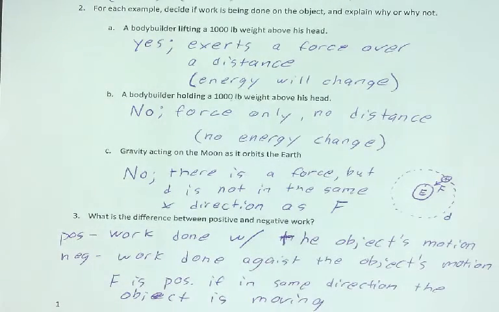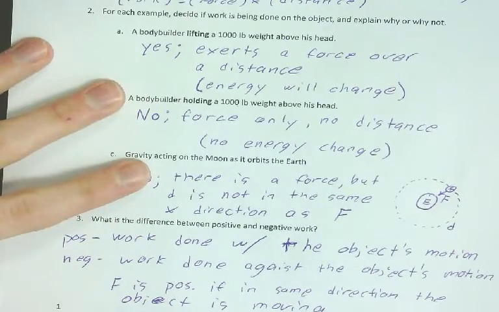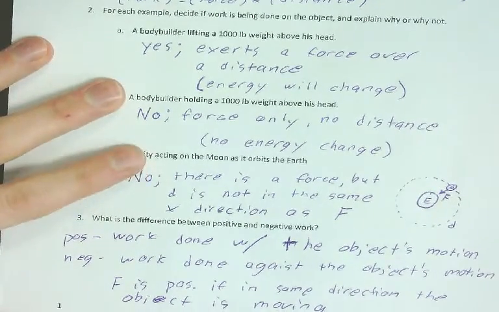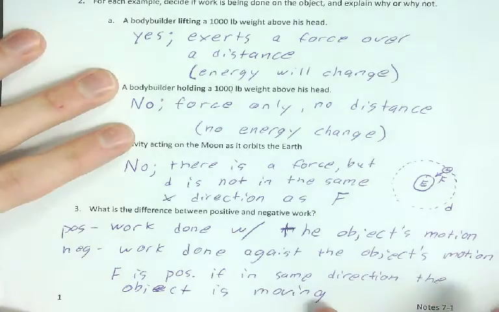So if I'm going forwards but I hit the brakes, that's negative work because it's opposite direction of my motion. I'm going forward but the force is backwards. Okay? But if I hit the gas, that would be positive work because I'm hitting the gas forward, I'm going forward. And so that would be positive work. So F is positive, it's in the same direction as the moving object. Obviously, it's negative if it's opposite of that.